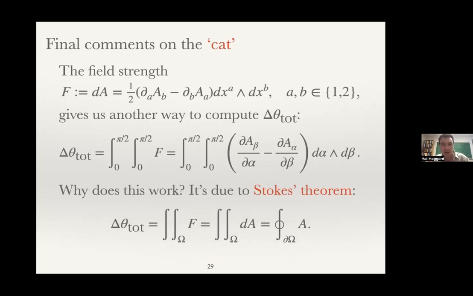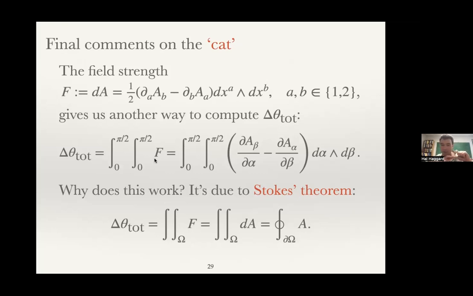So the field strength is another way to do these calculations that we just did with the change of orientation of the cat. The field strength is the exterior derivative of our gauge potential, and it turns out, you remember our little region omega, the little box that we went all the way around? You can find delta theta by integrating the field strength over the area of that little square.